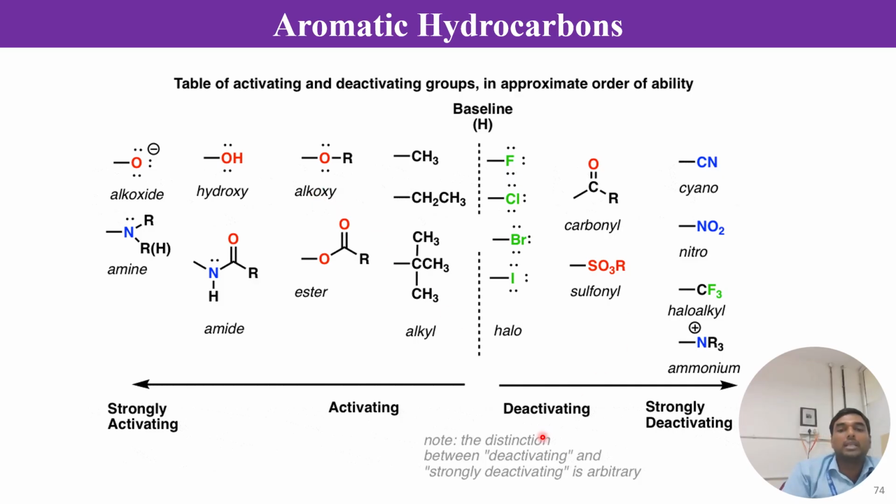Whereas the deactivating groups are basically those with a positive charge or strong electron withdrawing groups, which are part of the strongly deactivating groups because they will withdraw electron density from the benzene ring. As a result, benzene becomes less nucleophilic and will not accept the electrophile. So in that case, when you have a deactivating group, nucleophilic substitution reaction will be favored, whereas in case of an activating group, electrophilic substitution reaction. Okay, so thank you.